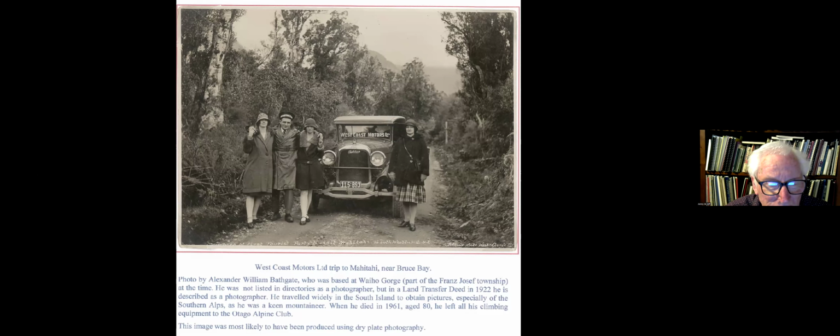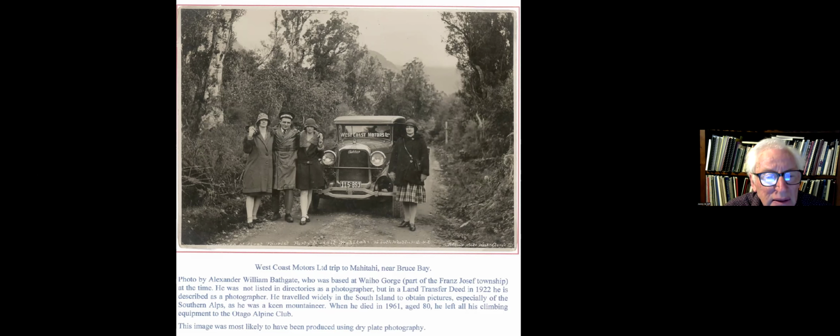So someone has used the photo to produce subsequently a postcard, but I don't have a postcard of this image. So the technical information we can see down there at the bottom tells you who the photograph is by, which isn't hard because it's actually written on the photograph itself.